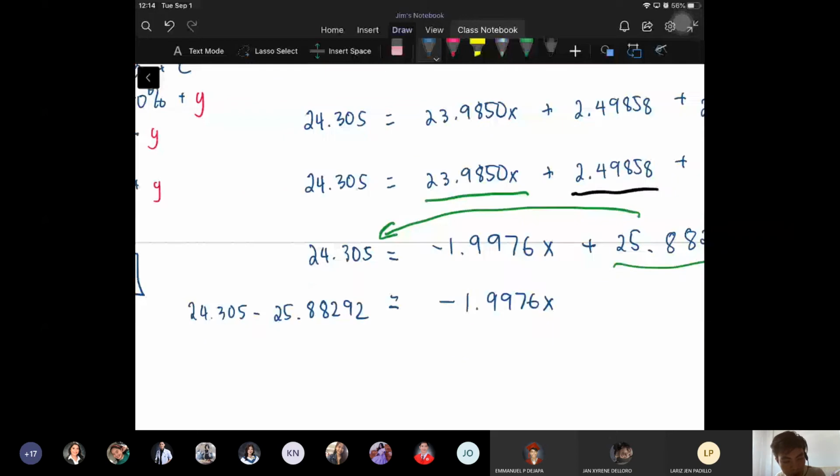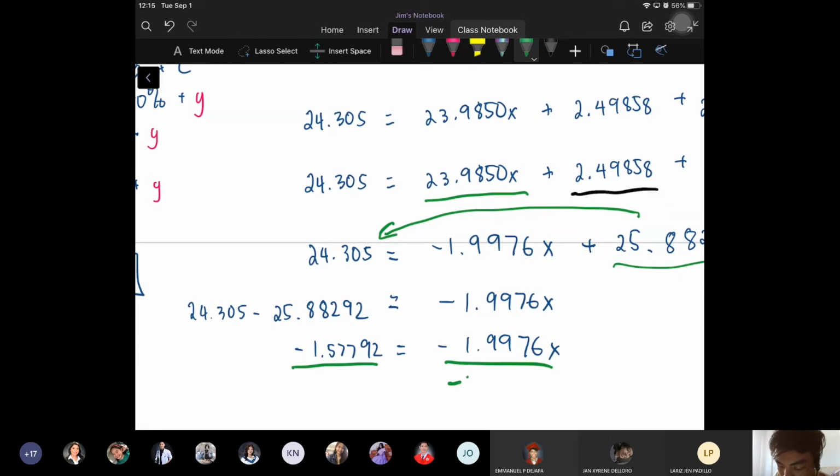So that's 24.305 minus 25.88292, which is negative 1.57792, equal to negative 1.9976x. Finally, we can solve for x. To solve for x, all we have to do is divide both sides by the coefficient of x, negative 1.9976.